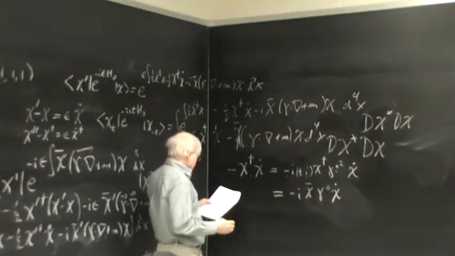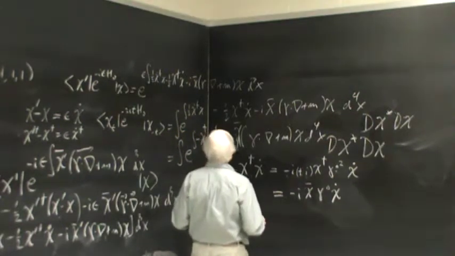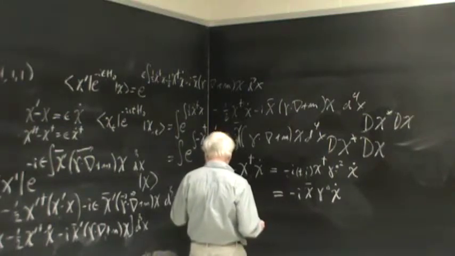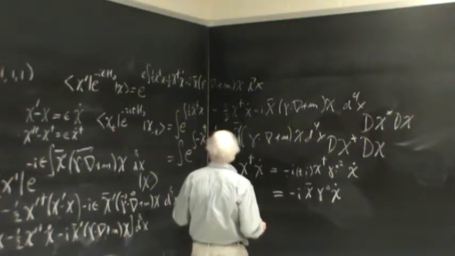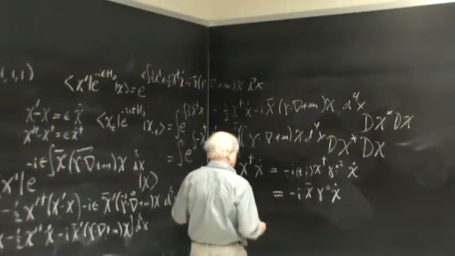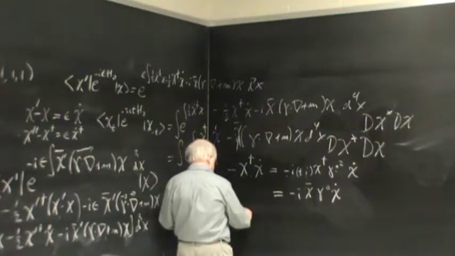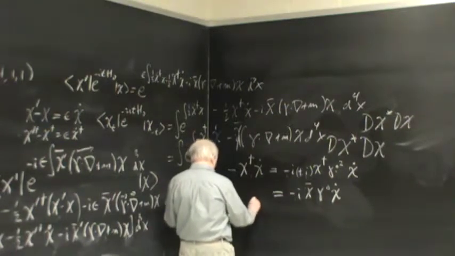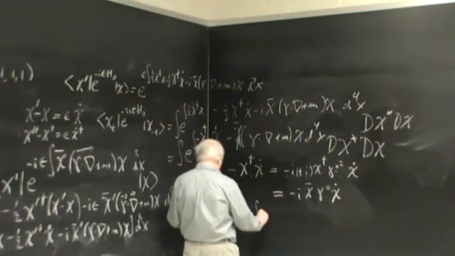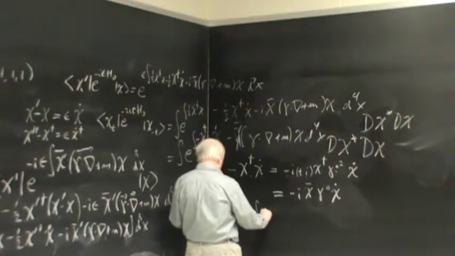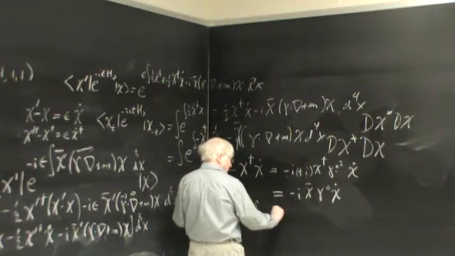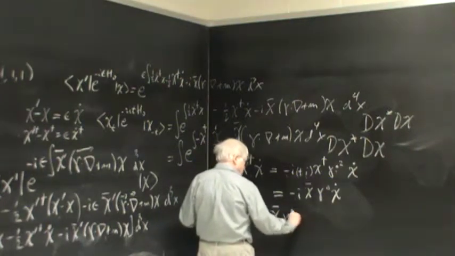And so then what we have here is that the argument of the exponential is I, so let me just do this whole thing, I times minus chi bar gamma 0 chi dot.